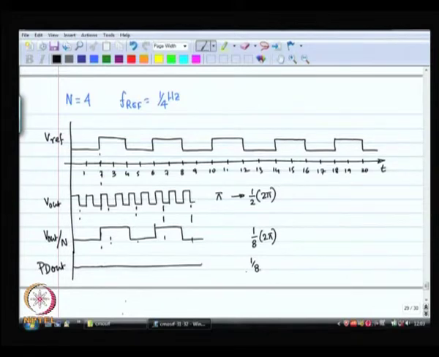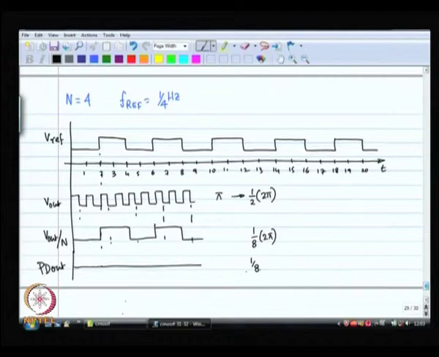So, the PD output would remain 0. Does it remain 0, or do you see something? Is the PD output 0?